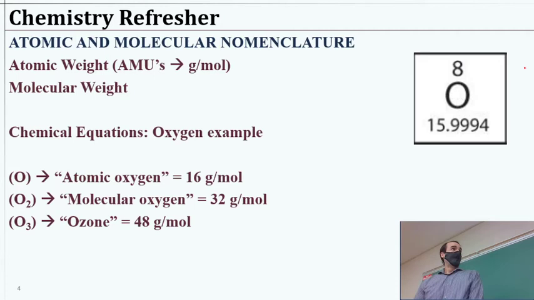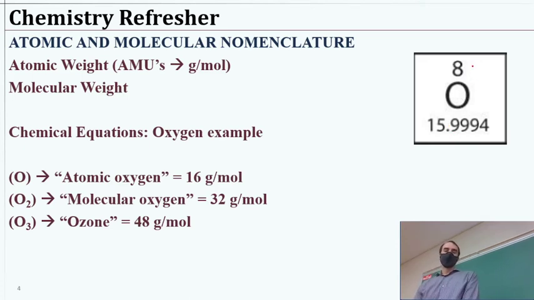Okay, so on a periodic table, we've got an atomic number. That's how many protons are in an atom. We've got the atomic mass. That's essentially the average weight of oxygen in the Earth system. If we were looking outside the Earth system, maybe this will change a little if there's a difference in the isotopes.